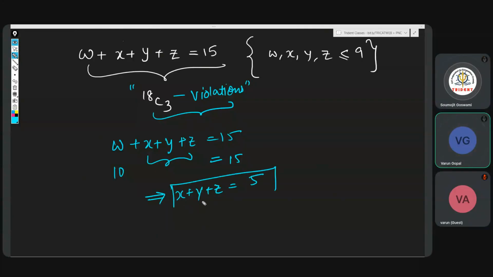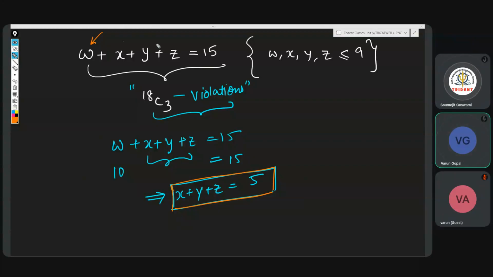Now, this equation will account for all the violations of the digits. Why? Because if I have one digit as 10, the others will anyway violate. Think about this logically. If any one of the digits is violating, any other possibility will also violate. Will it or will it not?